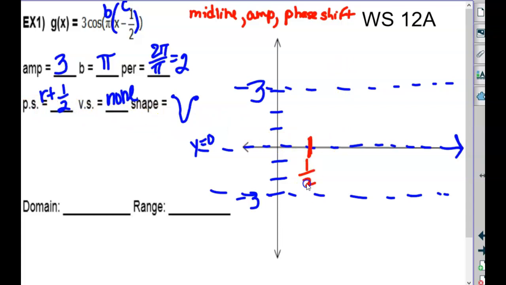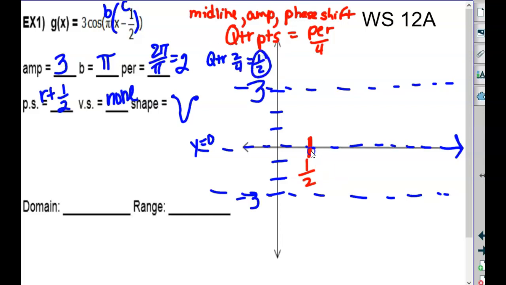Now, what am I adding on is the quarter points, the period divided by 4. Well, what's 2 divided by 4? Quarter points for this one are 2 over 4, or every 1/2.